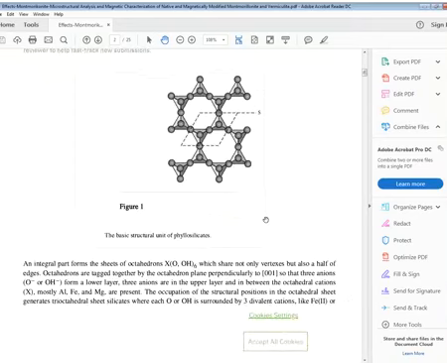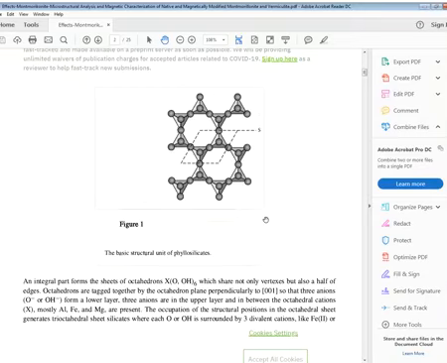This is the basic structural unit of a phyllosilicate, an integral part that forms sheets of octahedrons, X(O, OH)6, which share not only vertices but also half of the edges. You will see a triangle here, and another triangle here, like double triangles, and then a continuation of another double triangle.